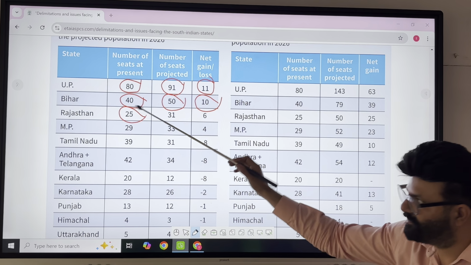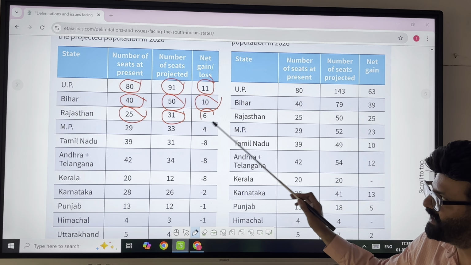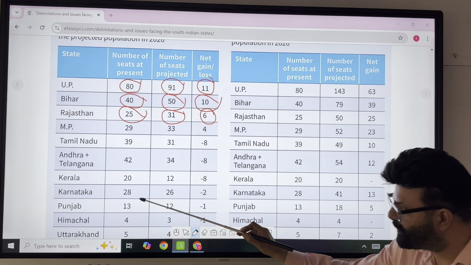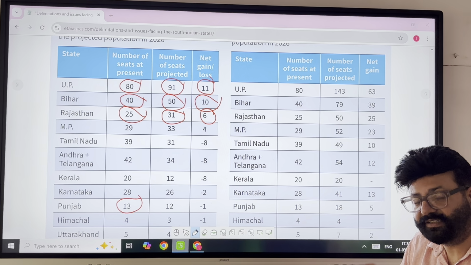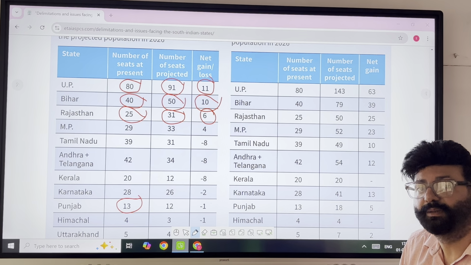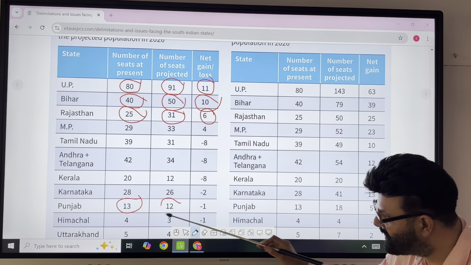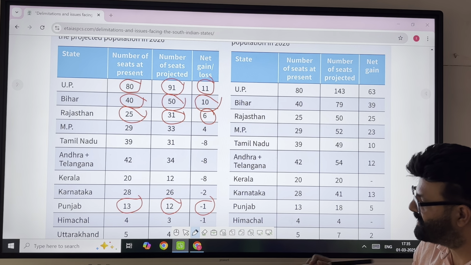Similarly in Rajasthan, a net gain of 6 seats. In case of Punjab, there are 13 seats. Punjab will get 1 seat less, 12 seats, because of population stabilization and migration factors, a net loss of 1. Understanding the point?